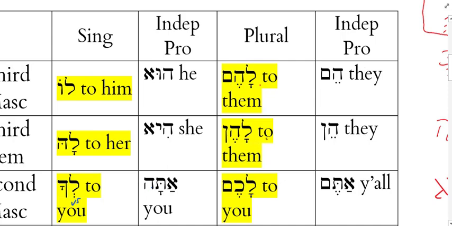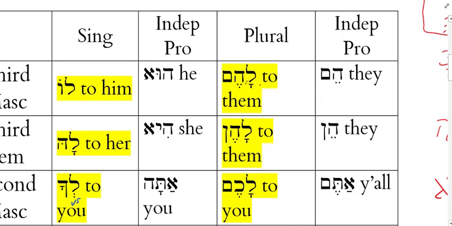To them, women, is lahen. And that is very similar to hen, isn't it? So remember, the only difference between hem and hen, they male, they female, is the mem versus the nun. The mem is masculine as well. All right, to them men, to them women.